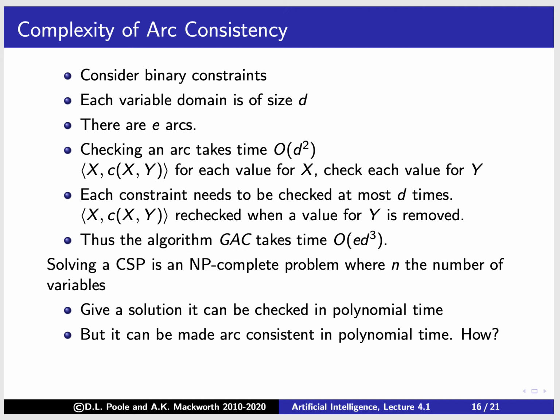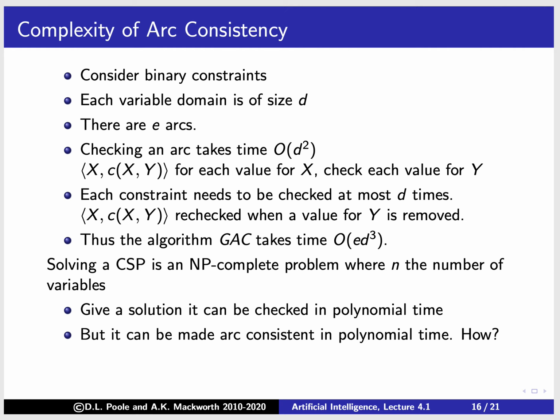It turns out that solving a CSP is an NP-complete problem, where N is the number of variables. NP-complete means that given a solution, it can be checked in polynomial time. But a network can be made arc consistent in polynomial time. How can that be, when we know, practically, that we can't solve NP-complete problems in polynomial time?